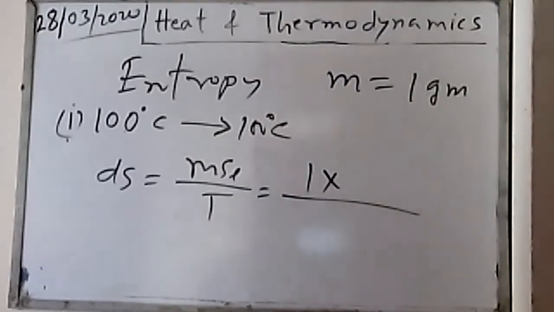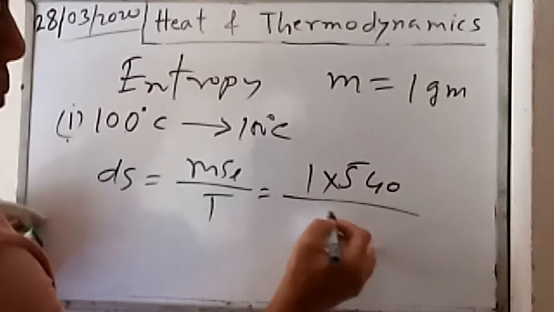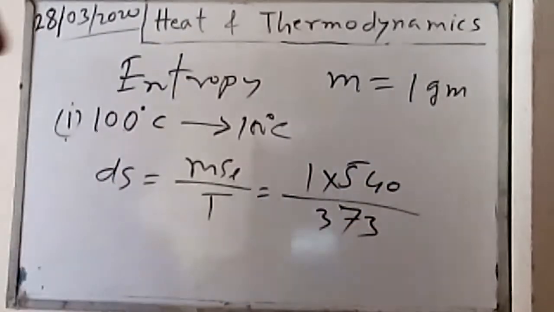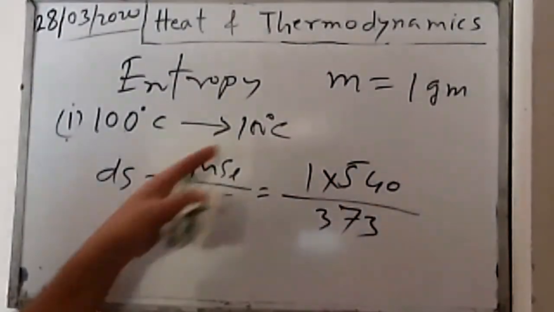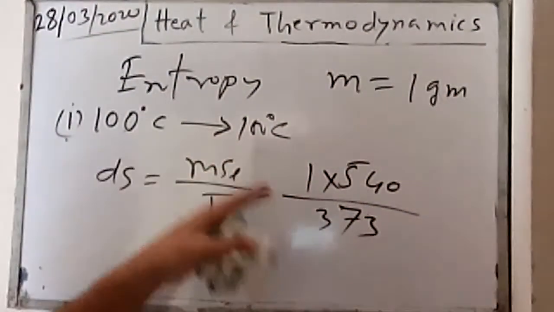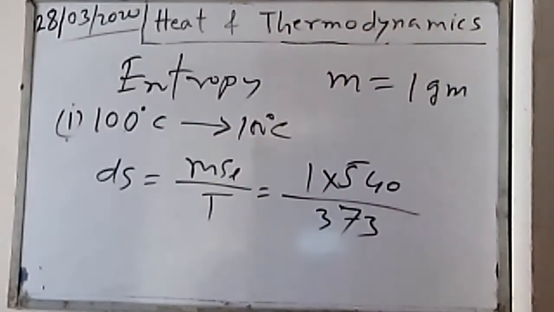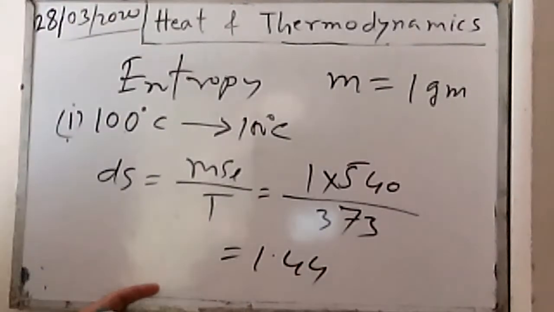Latent heat for steam is given as 540 calorie per gram, and 100 degrees Celsius means 273 plus 100, 373 Kelvin, and the answer will be 1.448.